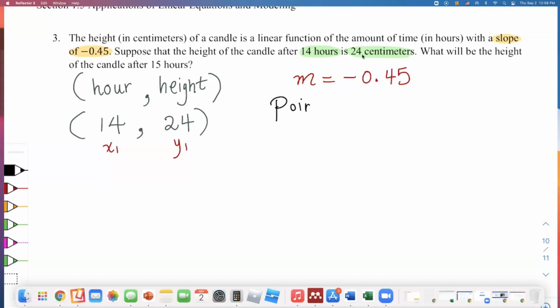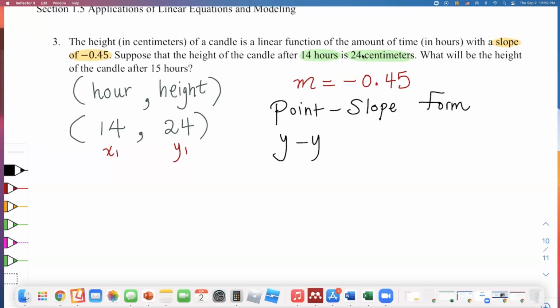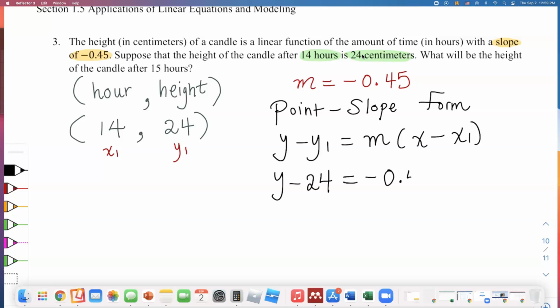So here's the point slope form to find the equation of what's happening to this candle: y minus y1 equals m times x minus x1. It's going to be y minus 24 equals negative 0.45 times x minus 14.